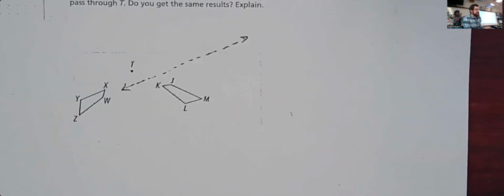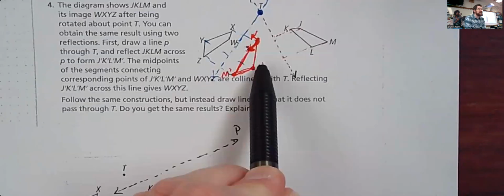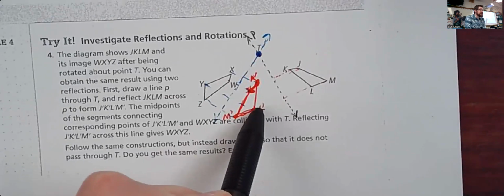This time line P does not go through point T. Do you think we're going to be able to make another reflection so that it's going to work like it did with the original problem? My guess is probably not, but let's see.